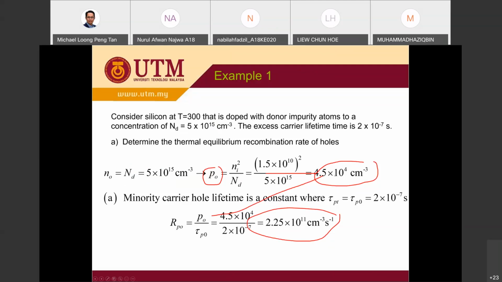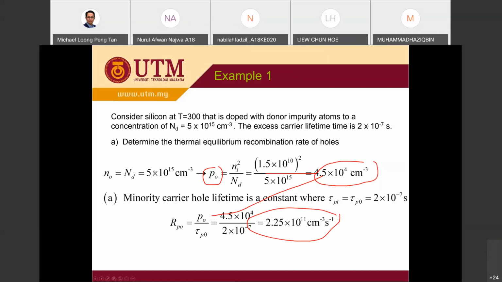So you take whatever you calculated, 4.5 times 10 to the power 4, and bring it down here. You divide by the lifetime, which is the time from when carriers are created to when they are destroyed. You divide by 2 times 10 to the power negative 7, then you get your recombination rate for holes. Seems straightforward, not difficult. You just have to know how to calculate your p0.